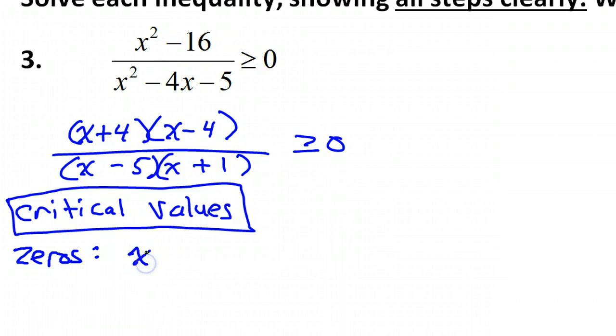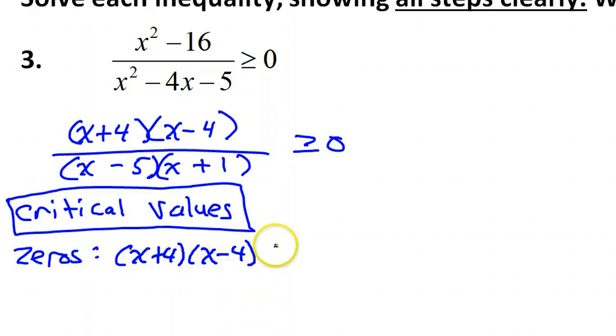So if we set x squared minus 16 equal to 0, but we already factored that down, so we can go with this numerator and set x plus 4 times x minus 4 equal to 0. And these will give us the zeros of the function.